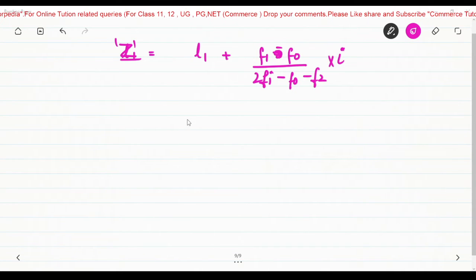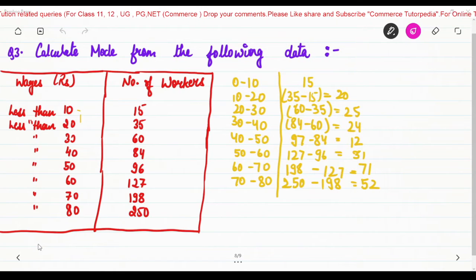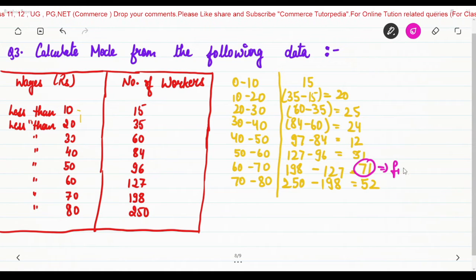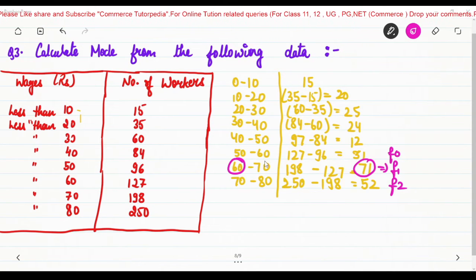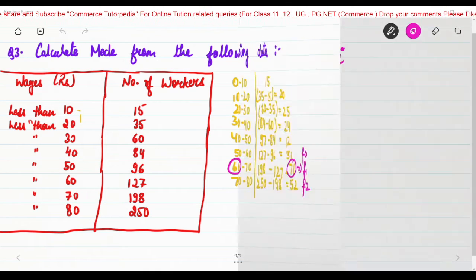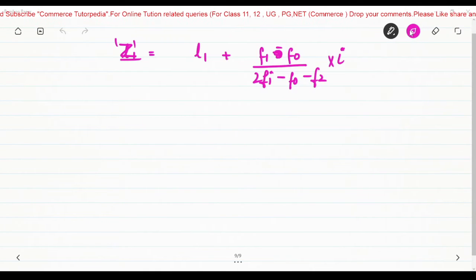Now let us first see what the different values from this table are. You can see the highest frequency over here is 71, so we name it F1. The frequency preceding it will be F0 and the one succeeding it will be F2. And what will be our L1? It will be 60, and I is 10. Now let us place the values.